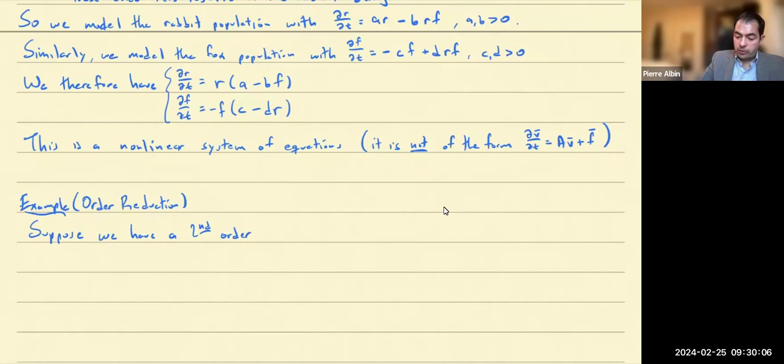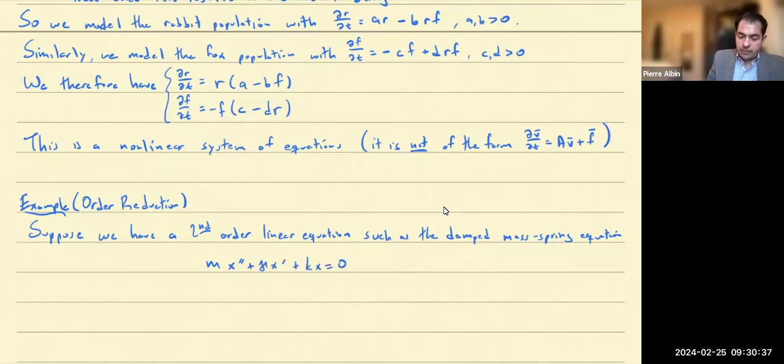Suppose we have a second order linear ordinary differential equation, such as the damped mass spring equation, right? m times x double prime plus gamma x prime plus k times x equals 0.